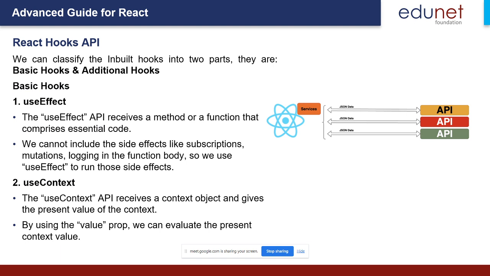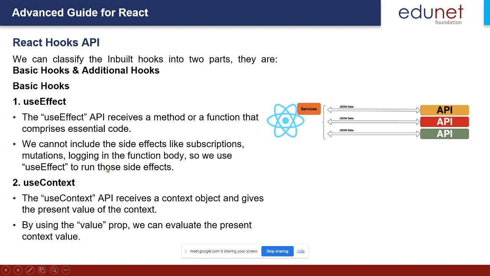So APIs. So we can classify the inbuilt hooks into two parts. So they are like basic hooks and additional hooks. Basic hooks pathina use effect and use context. So the useEffect API receives a method or a function that comprises the essential code. Okay, we cannot include side effects like subscription and mutation, logging in the function body.